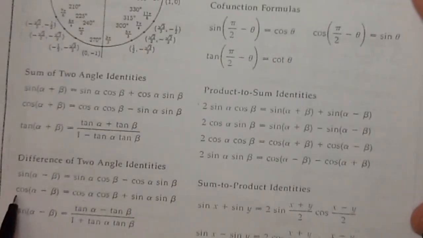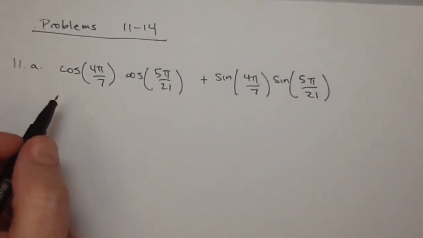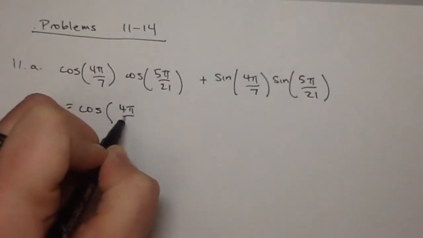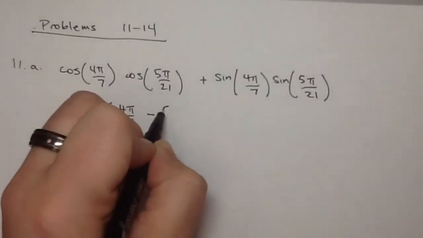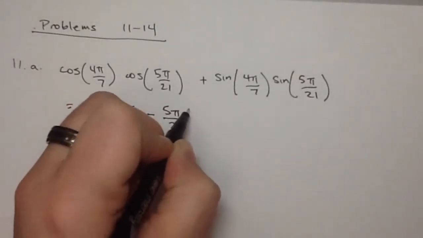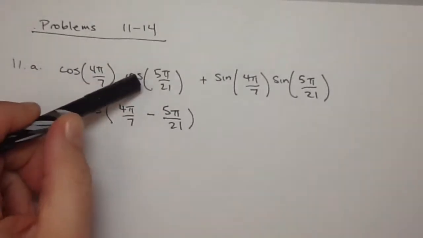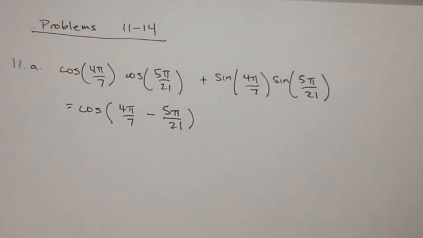This is the cosine of the first angle minus the second. So we can rewrite this as the cosine of 4 pi over 7 minus 5 pi over 21. Okay? So again, whenever you see cosine, cosine, and sine, sine, this is a difference problem.